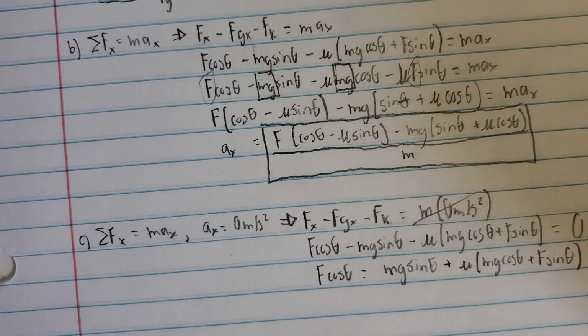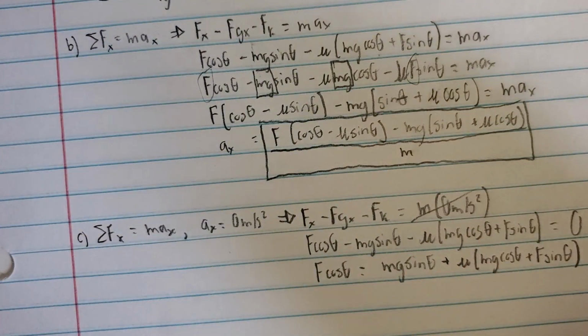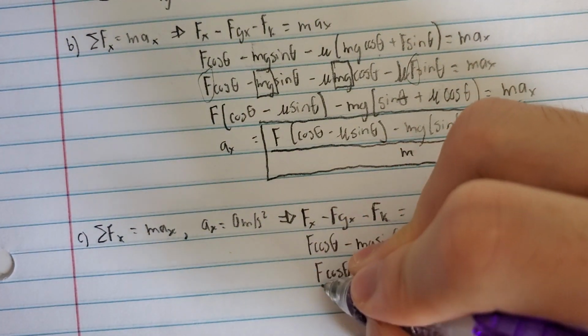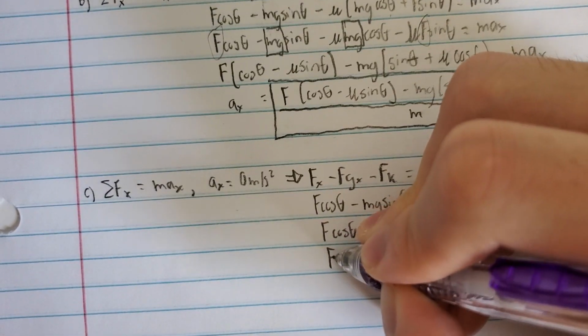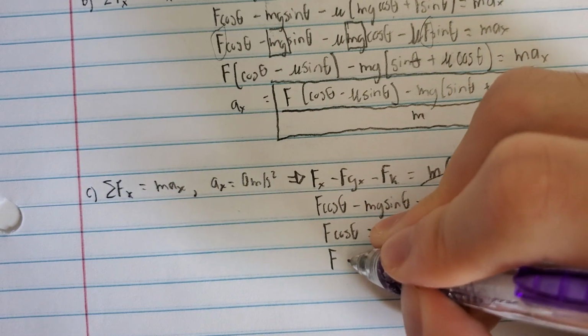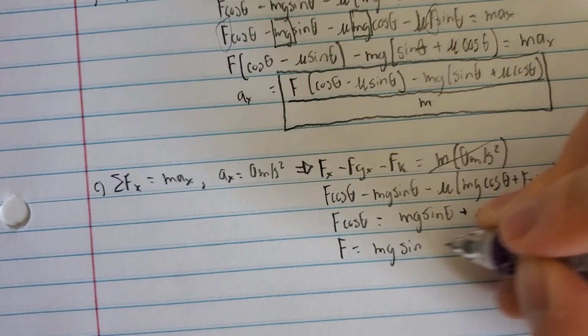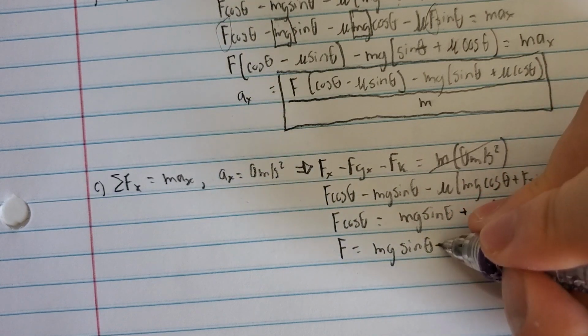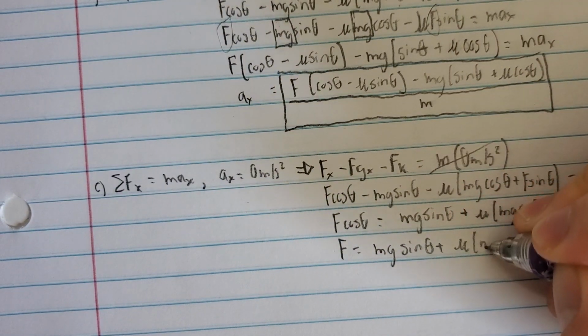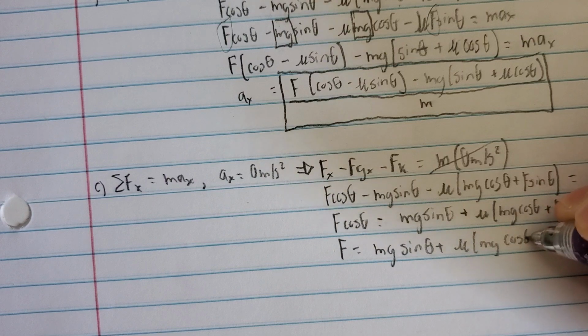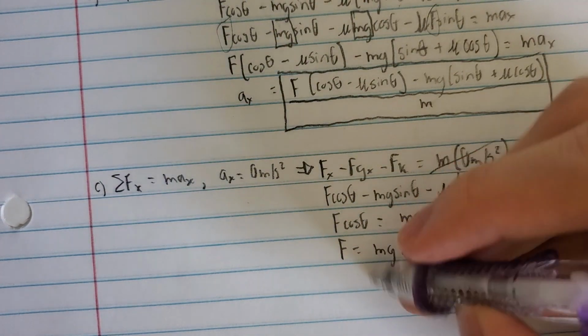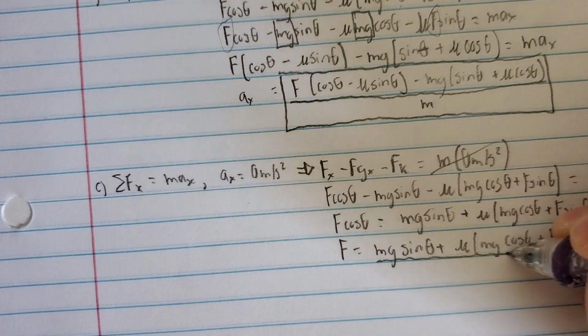Okay, so now I'm going to divide cosine over, leaving me with just F on this side. So F is going to be equal to mg sine of theta plus mu times mg cosine theta plus F sine of theta, and divide by cosine.